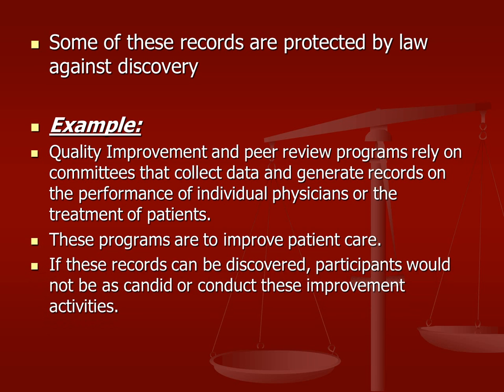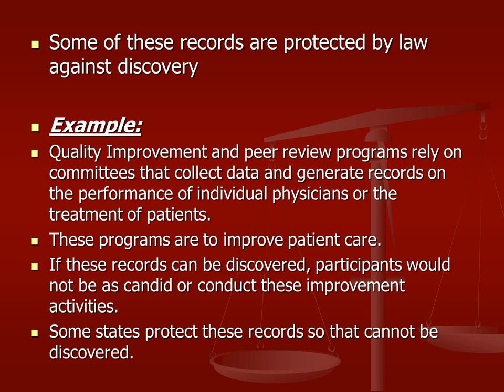If these records can be discovered, then the participants in these committees would not be as forthcoming or candid, or even conduct these activities, if they knew that everything that was said might end up in court. And so these particular types of records, in Alabama quality assurance, peer review, incident reports, are protected and they cannot be discovered.